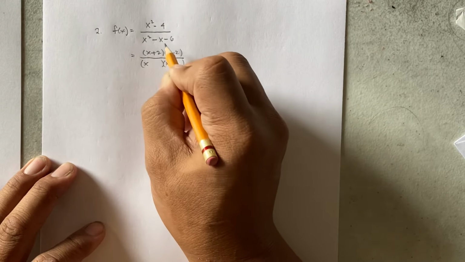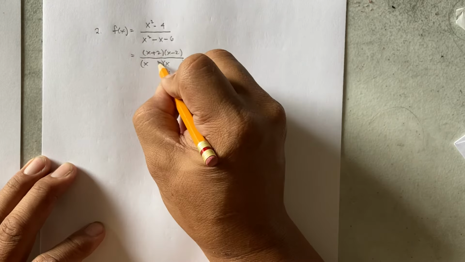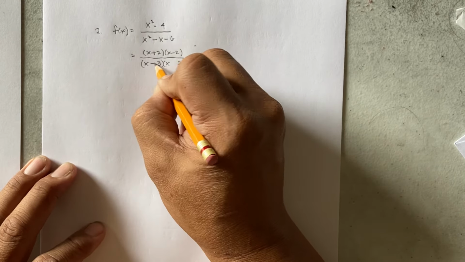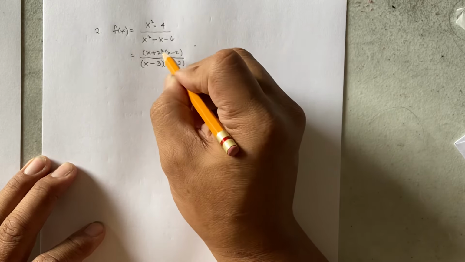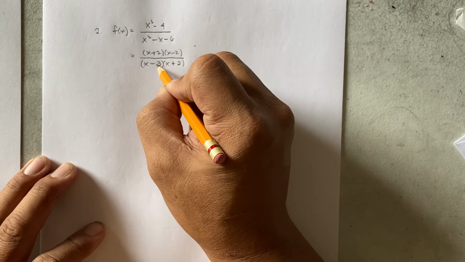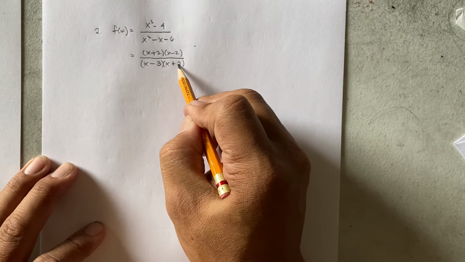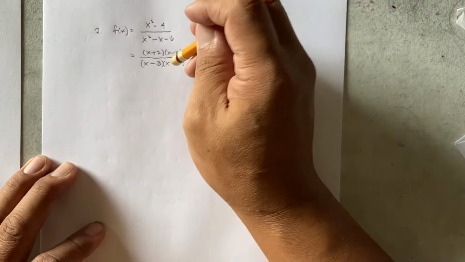X goes here. The middle term is minus 1. So what you have is a 3 and 2 for factors of 6. The outer and the inner. This is negative, so negative 3x plus 2x gives you negative x. Negative 3 times 2 gives you negative 6.